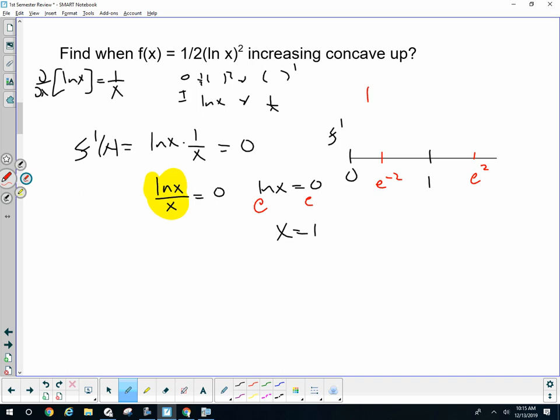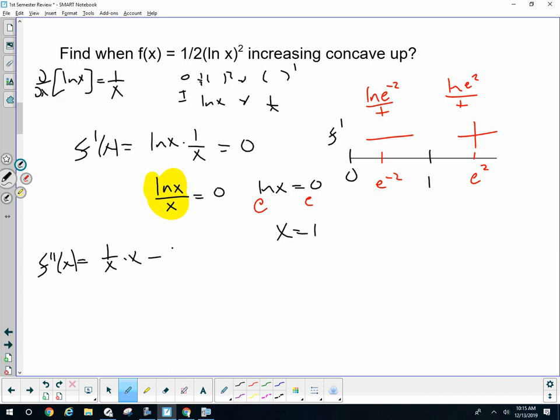Because the log of e to any power is just the power. I know e to any number is also positive, so this is going to end up being a negative. You plug in e squared, log of e squared will be over a positive. That's a positive. Look at the second derivative. It's derivative of the top times the bottom.